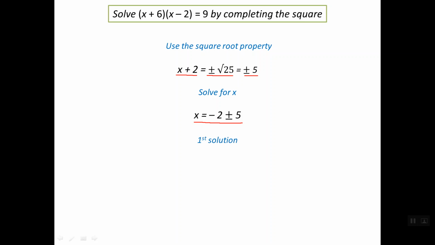Now we can find the first solution by taking the plus 5. So x is equal to minus 2 plus 5, which is equal to 3. And the second solution is x equal minus 2 minus 5, which is minus 7. So we have here two solutions, which are 3 and minus 7.